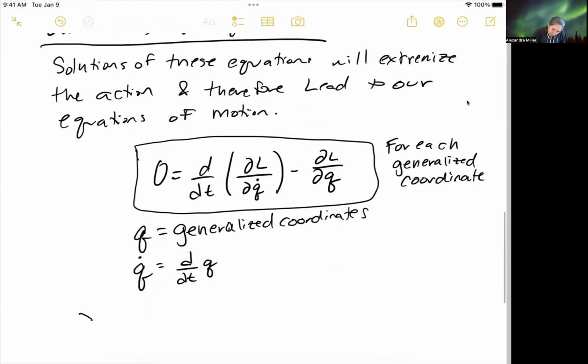One thing that's important to note when you solve this is that when you take these partial derivatives, you treat q and q dot as totally independent.